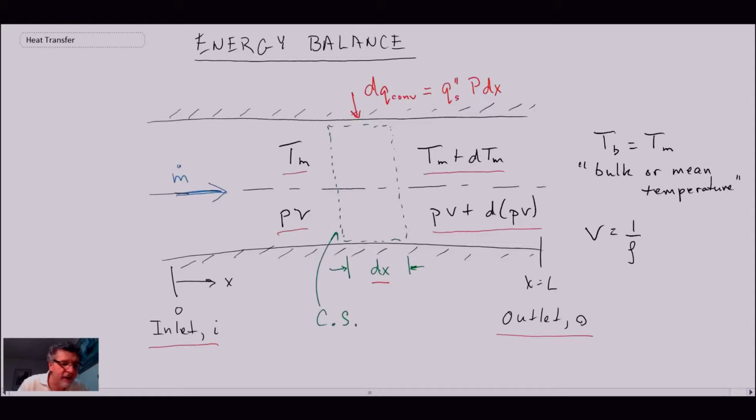It is 1 over the density, and so that is specific volume. All right, so that is the system that we are going to perform an energy balance on. We're going to perform an energy balance on the control surface. So let's go ahead and start that process.